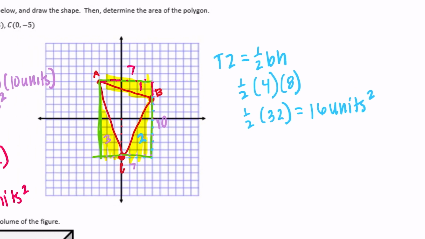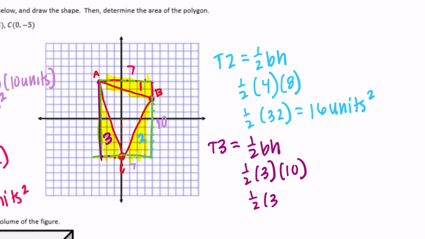And then let's do triangle 3, this one. 1/2 base times height. The base is 1, 2, 3. And the height is the whole thing which was 10. So half of 30 is equal to 15 units squared.